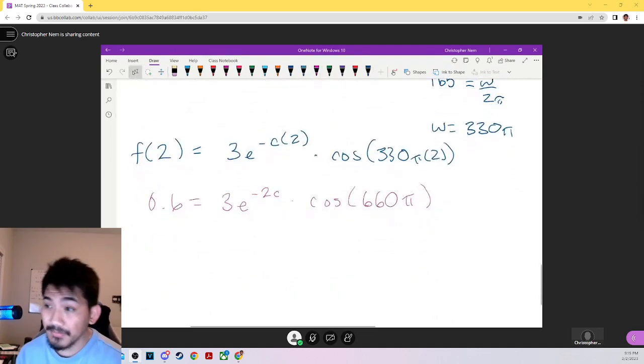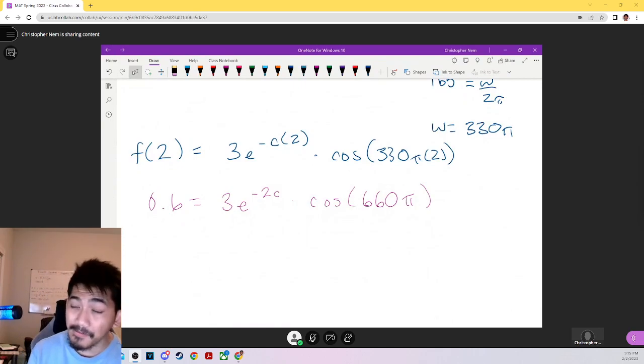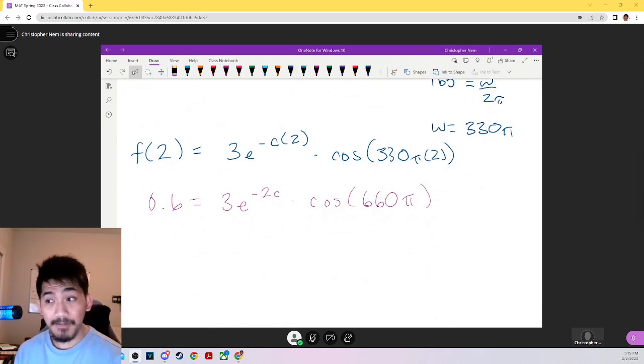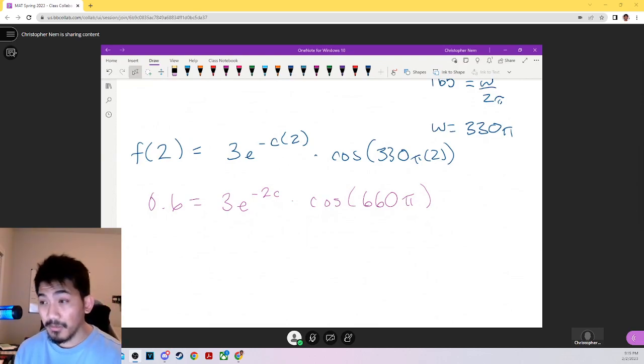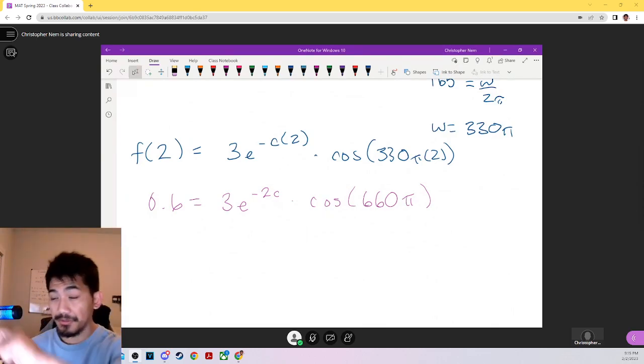But it's actually not too bad. 660 pi. What's the cosine value of that? What's the x value? Well, let's think about it. This is a very big number, but it's actually very simple. Cosine of 0 radians is 1. Cosine of 2 pi is 1, because that's a full circle. Cosine of 4 pi, that's 2 whole circles, is still 1.